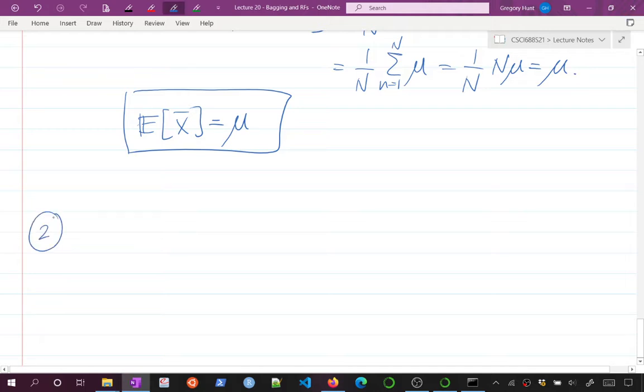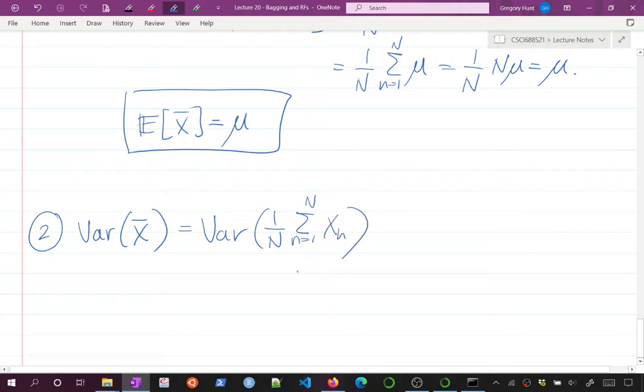Property 2 is that if I look at the variance of x bar, this is the variance of 1 over n times the sum of my x sub n's. I can pull constants out of my variance, but I have to square them. So that would be 1 over n squared times the variance of the sum of the x sub n's.